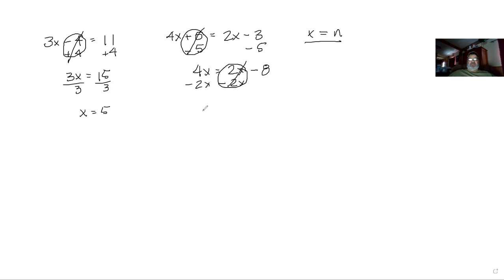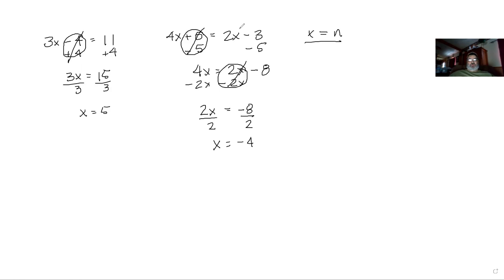These will negate. And I'm left with 4x minus 2x is going to be 2x equals negative 8. Divide by negative 2, or sorry, divide by 2. And then we're left with x equals negative 4.